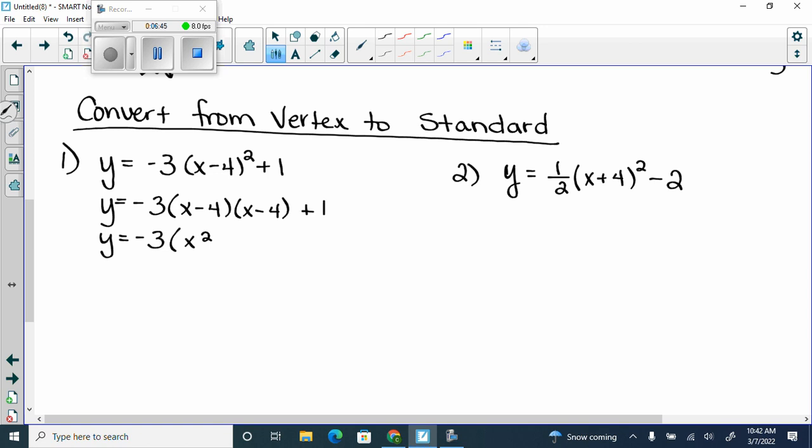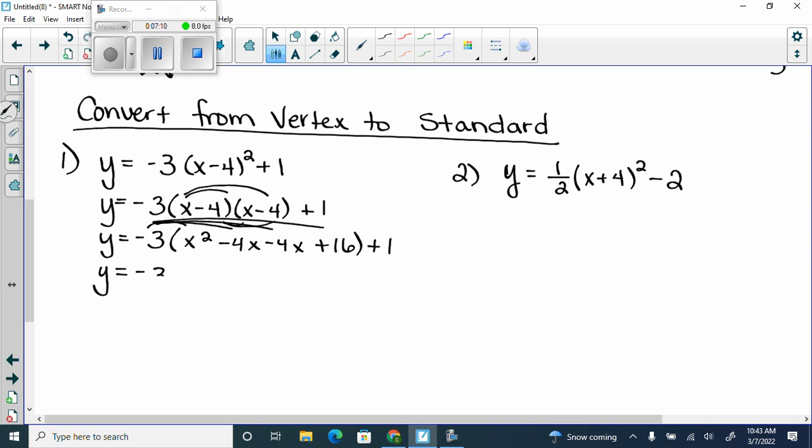Okay. X squared minus 4x minus 4x minus 4 times negative minus 4 is positive 16. Okay. Y equals, now, we're going to distribute.